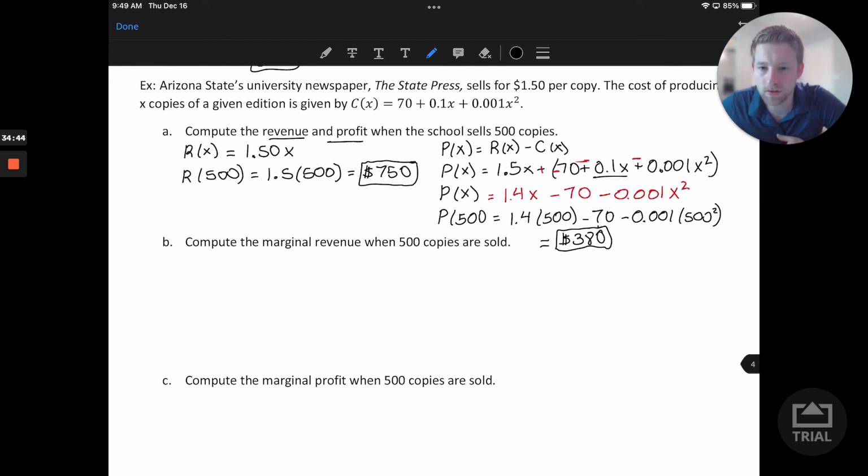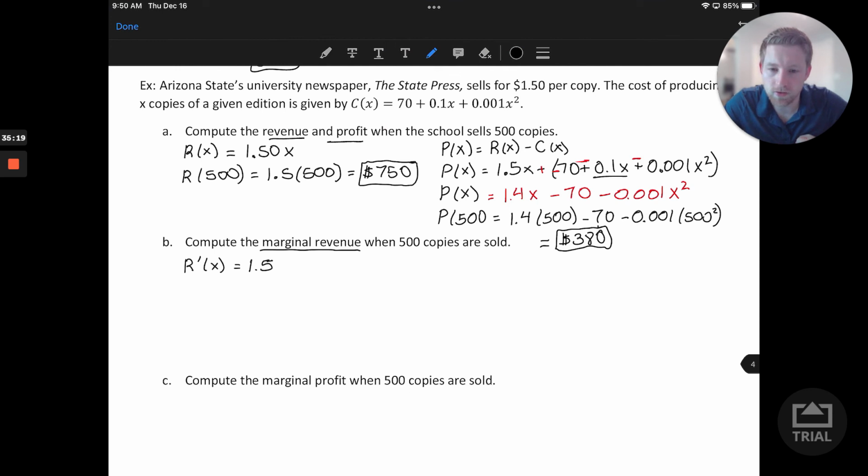Let's consider part B. This is computing the marginal revenue. So marginal revenue, when we see marginal, think of the rate of change or the derivative of that quantity. So marginal revenue, in our case, would just be R prime of X. So for us, marginal revenue would really be just 1.5.